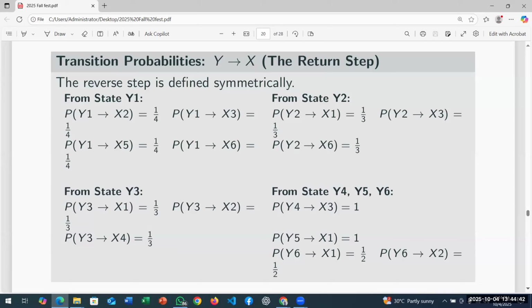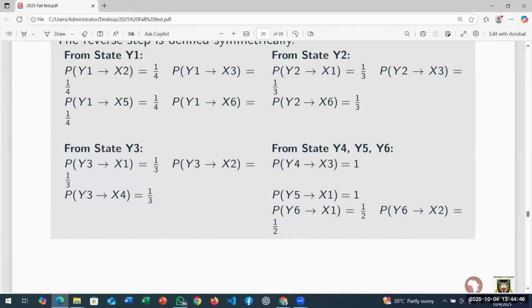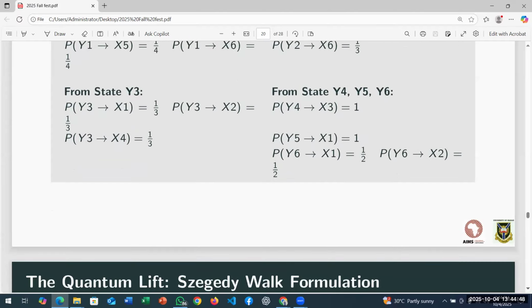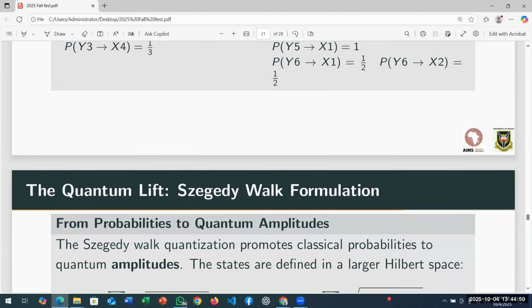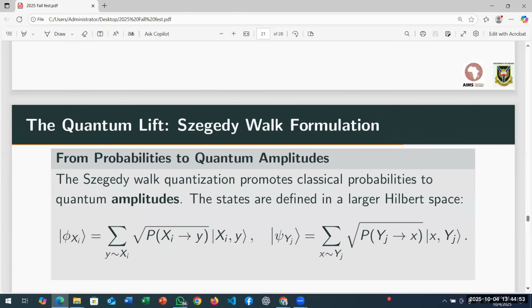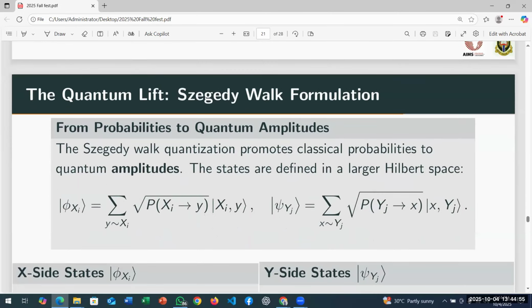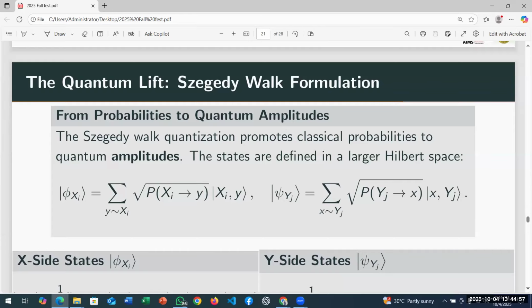Now, after doing that, you do the classical probability for Y also, and that is explained better here. After that, we move into the quantum part, which is represented by this.